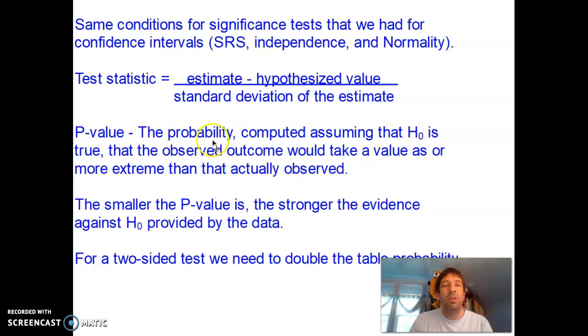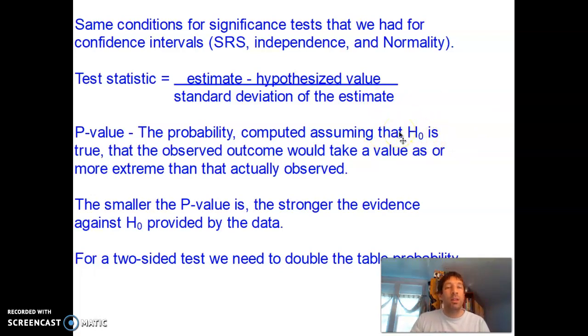The p-value is the probability that what we observe, or something more extreme, would happen. For example, we would assume that the IQ score of our students is 115. That was our null hypothesis. The p-value would be the probability that we get a sample mean of, let's say, 120 or higher if we assume that the null is true.